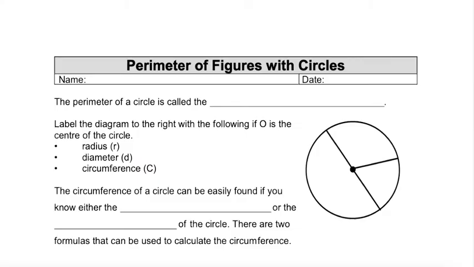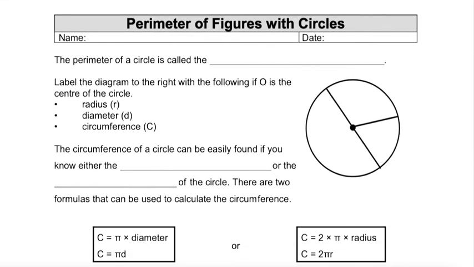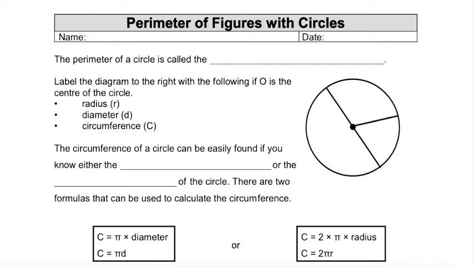All right, welcome back. So now we're going to take a look at perimeter of figures with circles. So the perimeter of a circle is called the circumference. So this entire edge of my circle on the outside is my circumference.